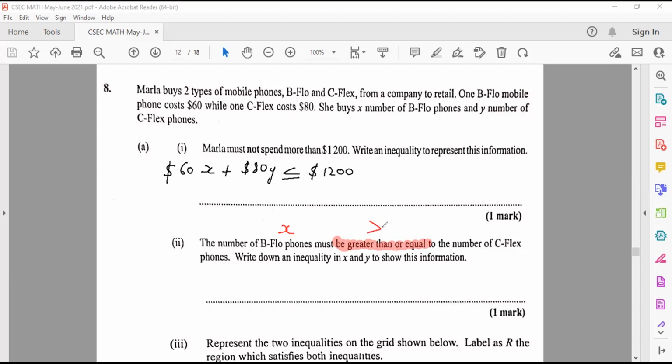Greater than, right? The mouth opens to the greater than section. So this says X is greater than. I'll put a line under it now. Means greater than or equal to. X must be greater than or equal to Y. See there? They actually gave us the answer in the question. Right? All right.